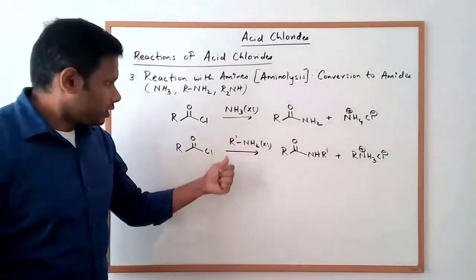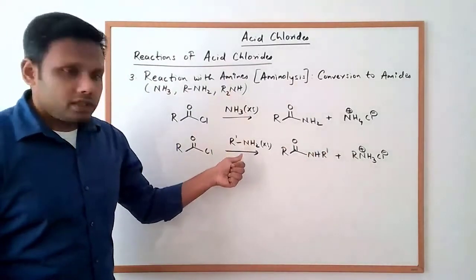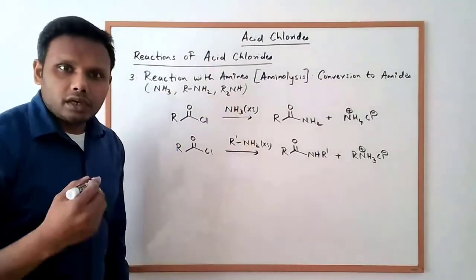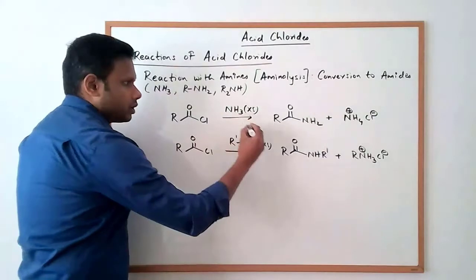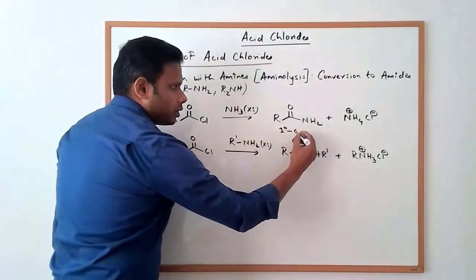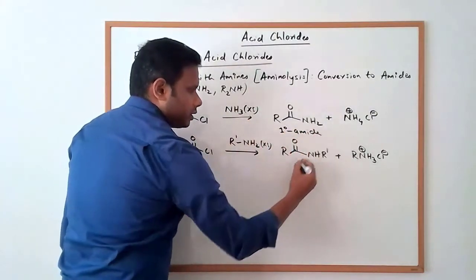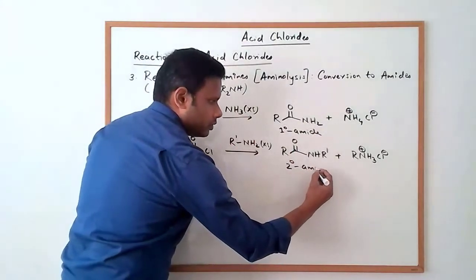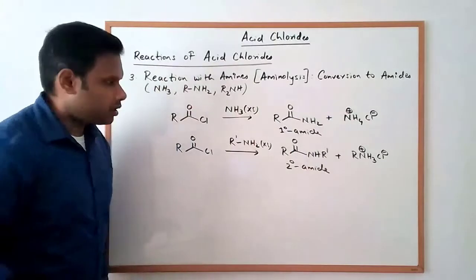So similarly, secondary amines, when they react with acid chlorides, they would give you a tertiary amide as a product. So ammonia gives you a primary amide. Primary amines, they give you secondary amides.